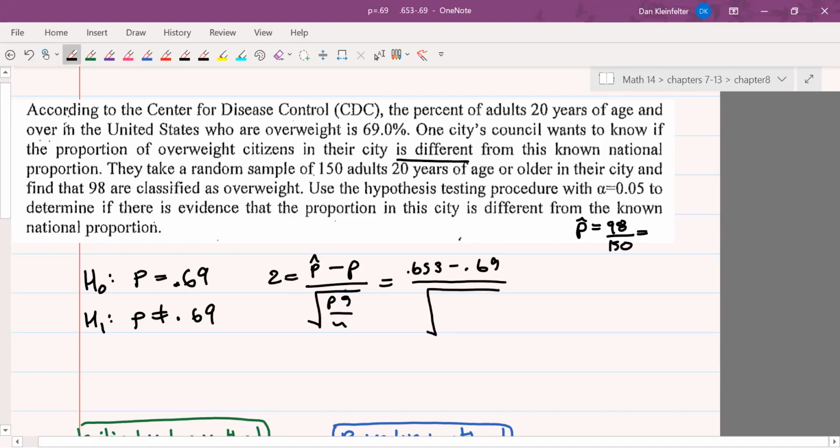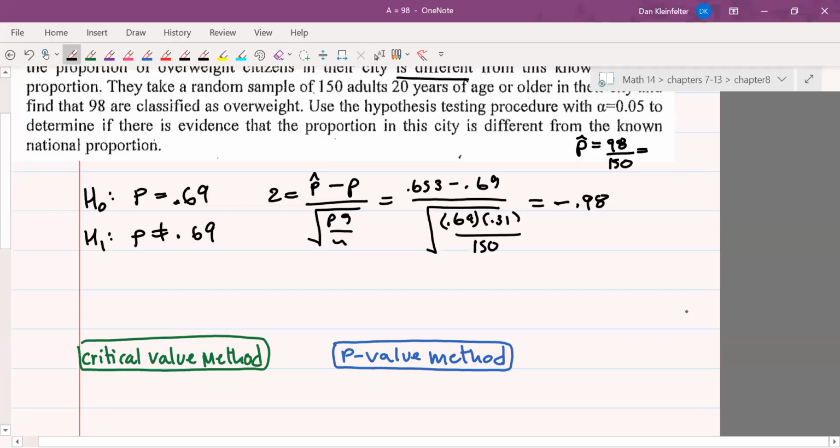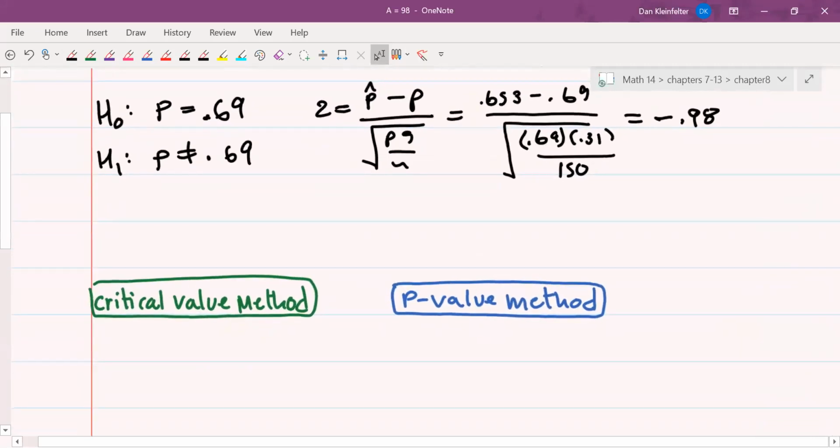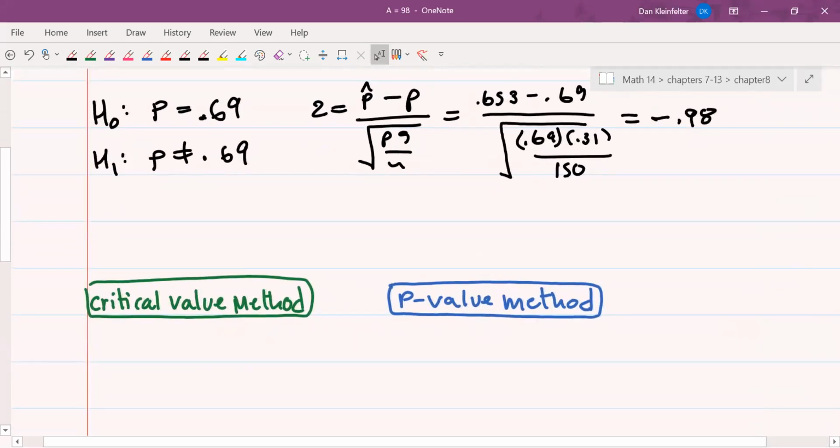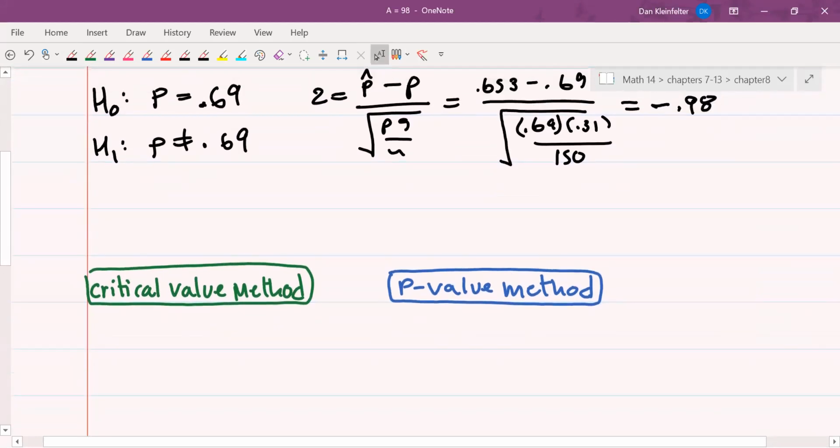We'll just see if it's significantly lower. How many were surveyed? 150 adults. Okay, so let's calculate. All right, so I've gone through the calculations. We ended up with a test statistic of negative 0.98.